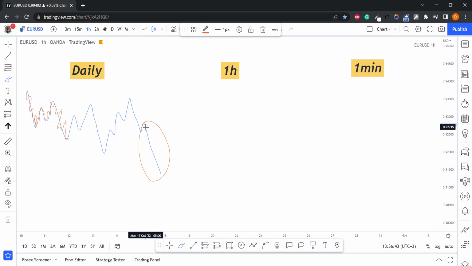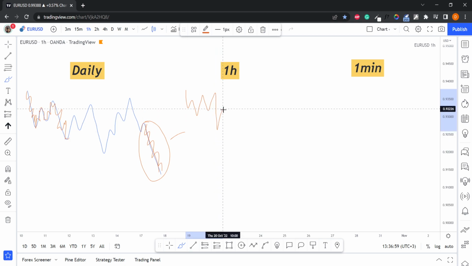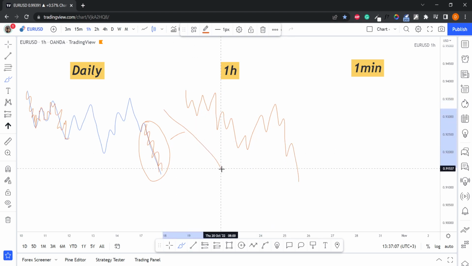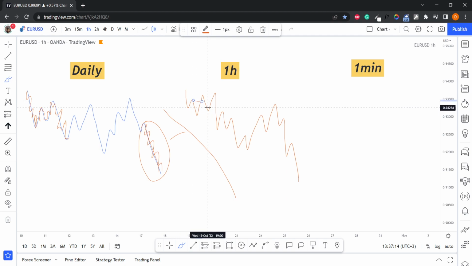The impulse is clearly down, but then on 1 hour we will have different shifts. So on 1 hour it will look like this. So 1 hour can look like this and like this, and shifts down. So you see, overall we will still go down, but on daily we will have just an impulse. On 1 hour we will have some shifts, reshifts, and so on.